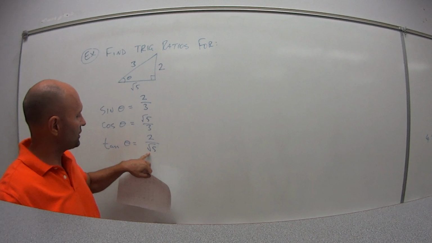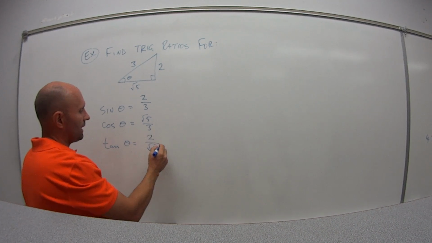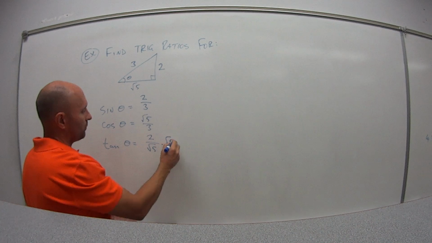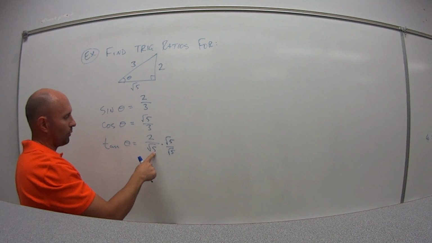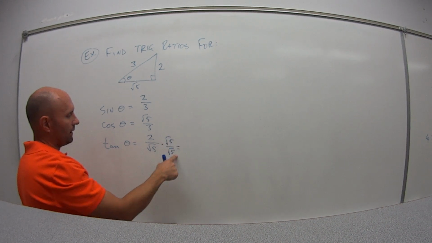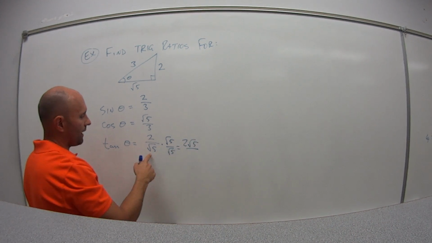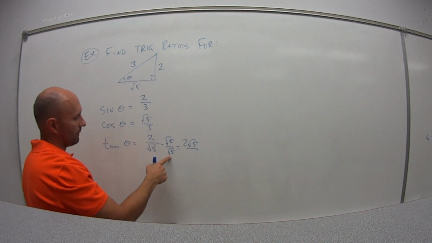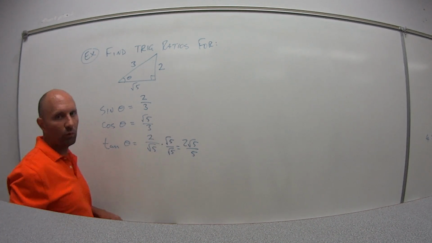So how do we rationalize a fraction that has a radical in the denominator? Well, we're just going to multiply the top and bottom by that radical value. So if I have square root of 5 in the denominator, then I multiply top and bottom by square root of 5. I get 2 times square root of 5. And then square root of 5 times square root of 5 is square root of 25, which is just equal to 5.